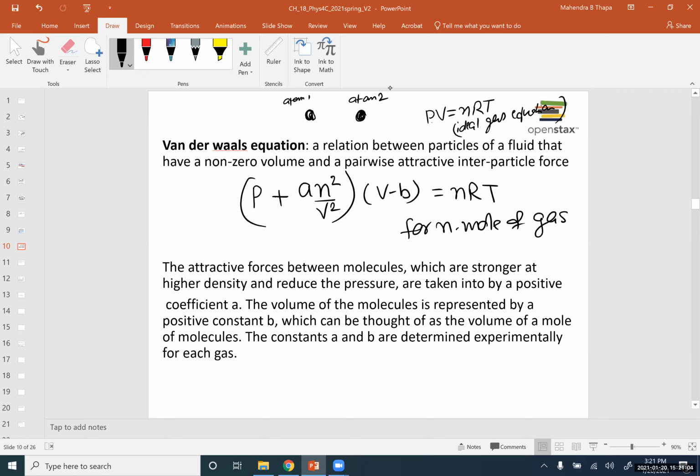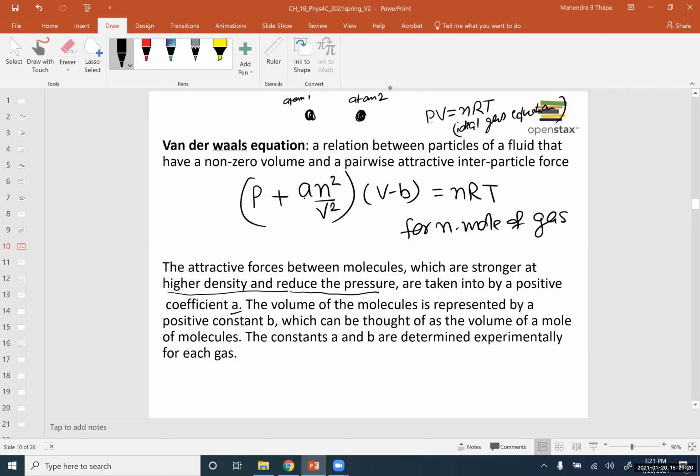Okay, so here the attractive forces between molecules or atoms, which are stronger at higher density and reduce the pressure, are taken into account by the coefficient a.